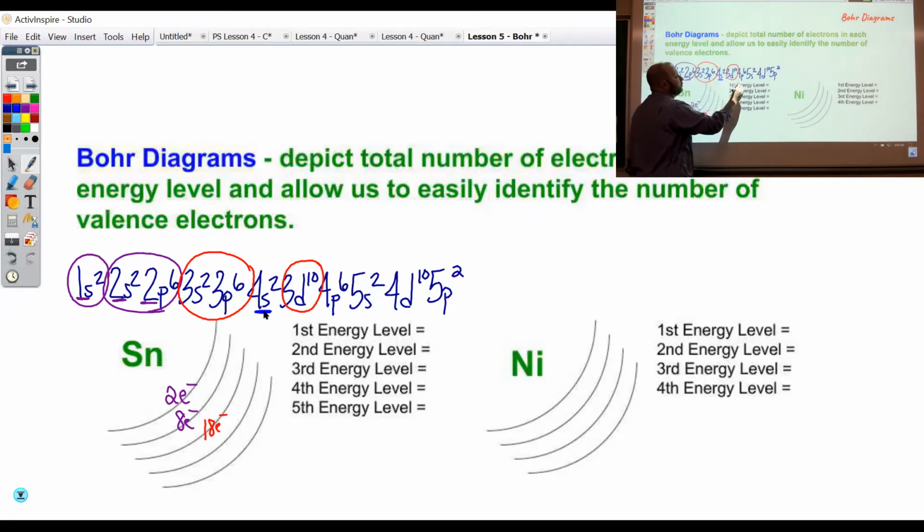So we have 4s2, 4p6, and 4d10. We have 2 plus 6 plus 10, so another energy level with 18 electrons. And then finally, in our last energy level, which is everything with a 5 out in front, we have 2 plus 2, or 4 electrons.